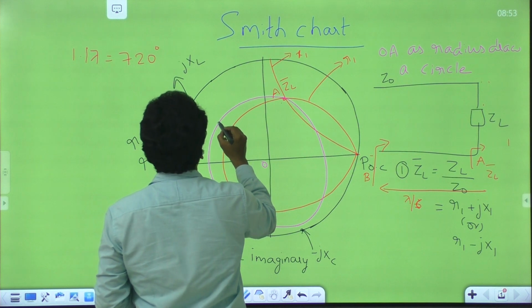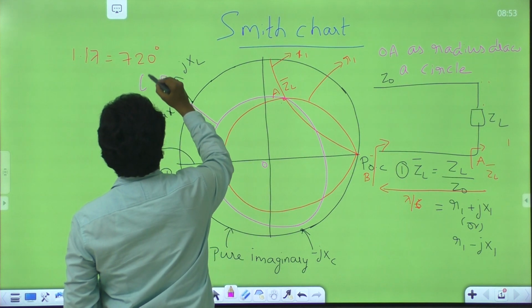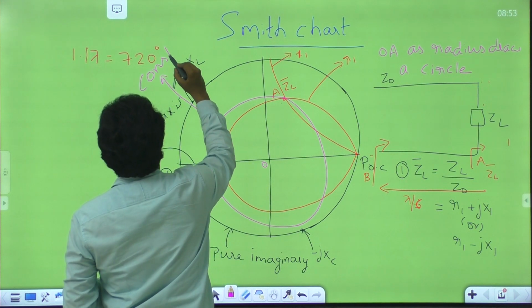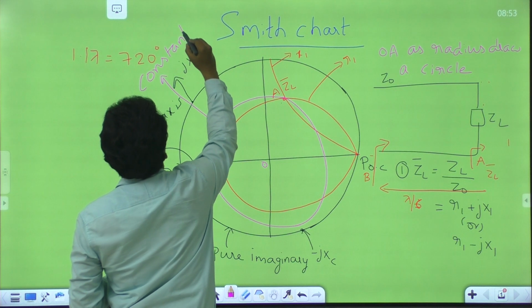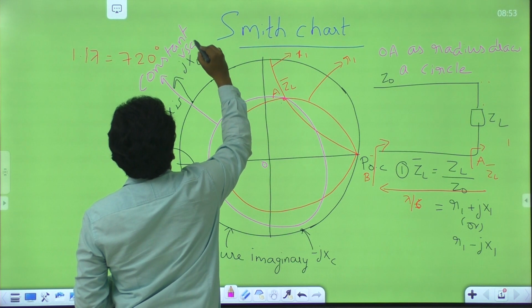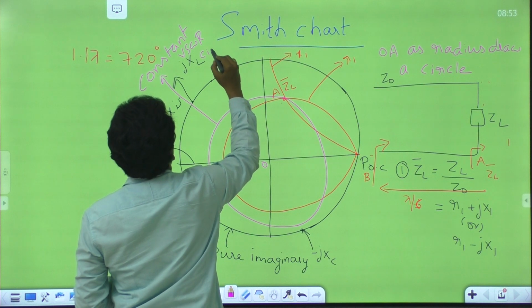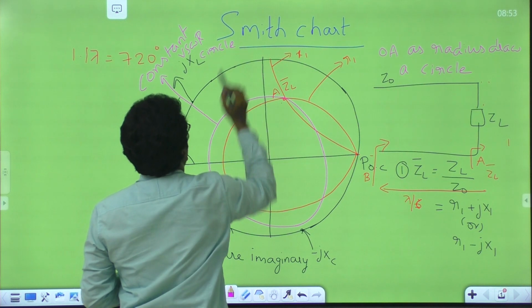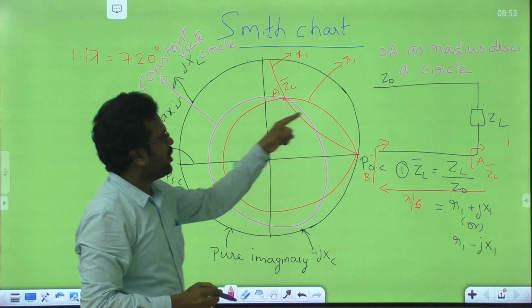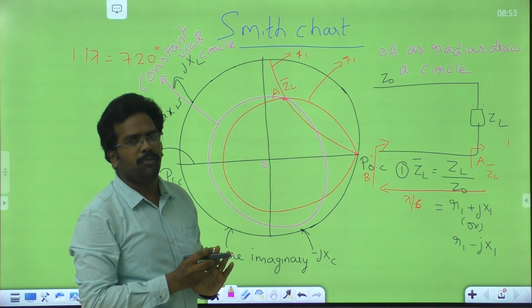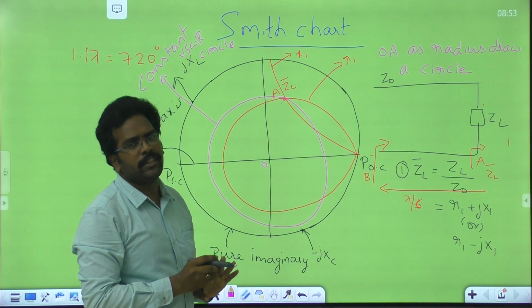So this is the constant VSWR circle. Moving on the line is the same as moving on a constant VSWR circle.